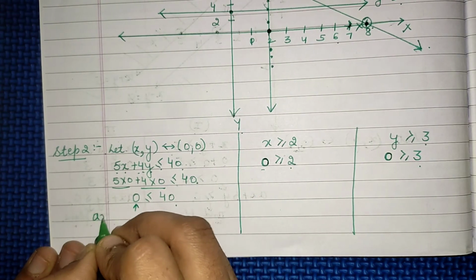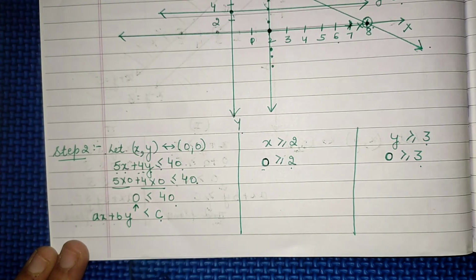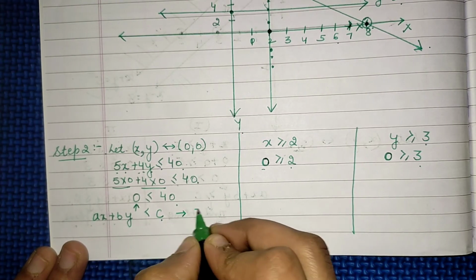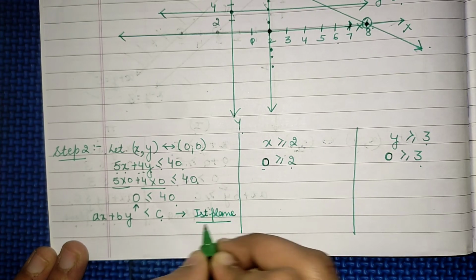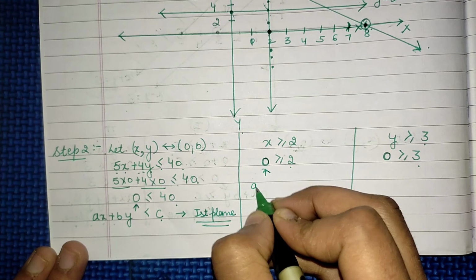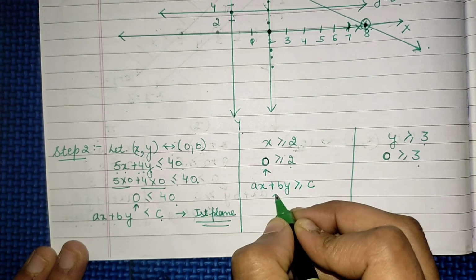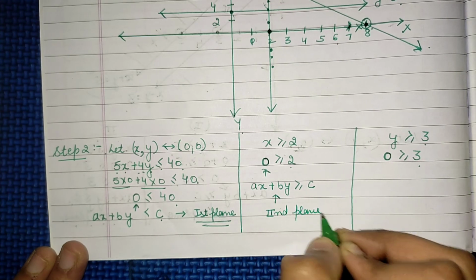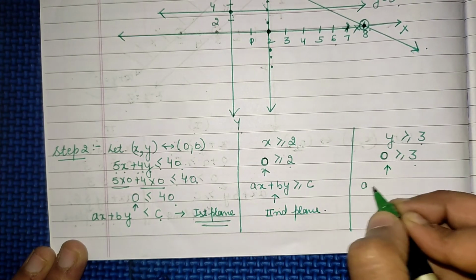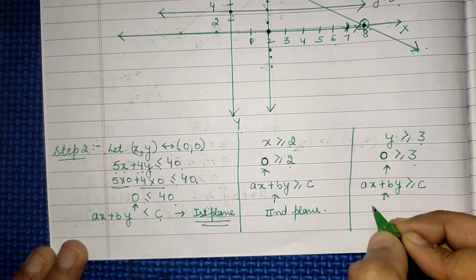Now compare with the standard form: if ax plus by is less than c, the solution lies in the first plane. And if ax plus by is greater than or equal to c, my solution will lie in the second plane. And here also my solution will be in the second plane.